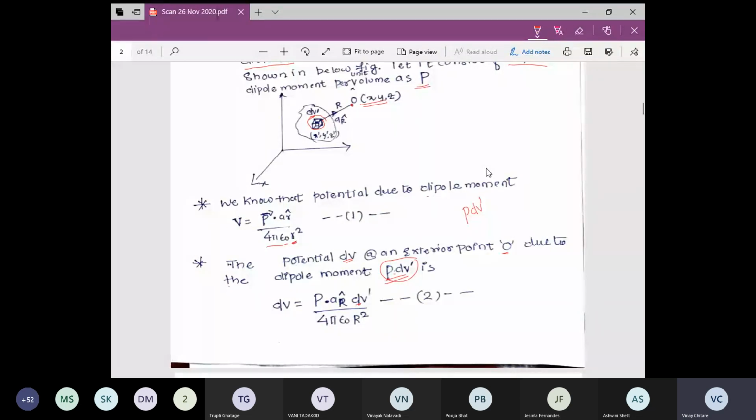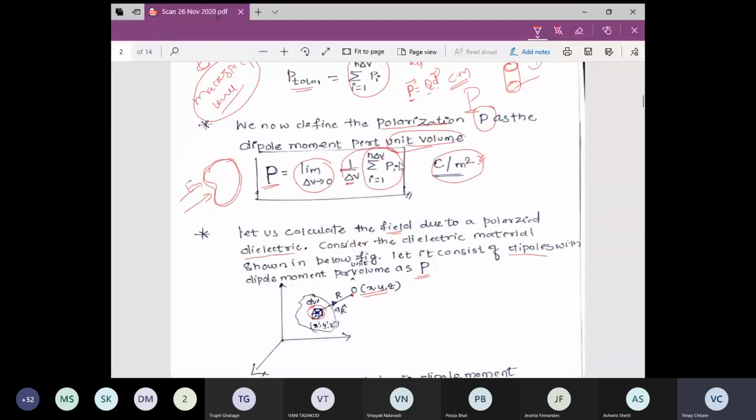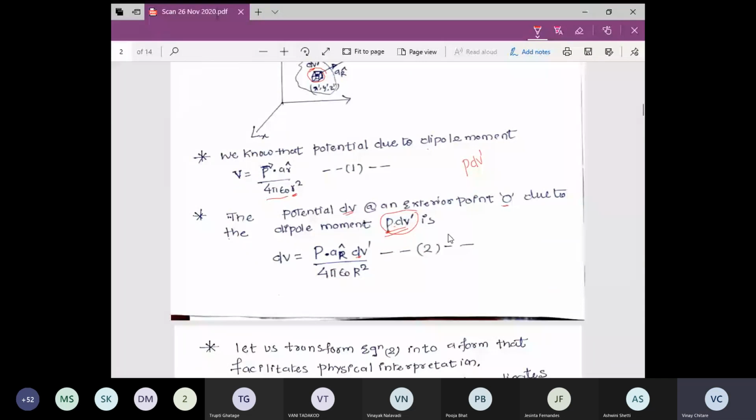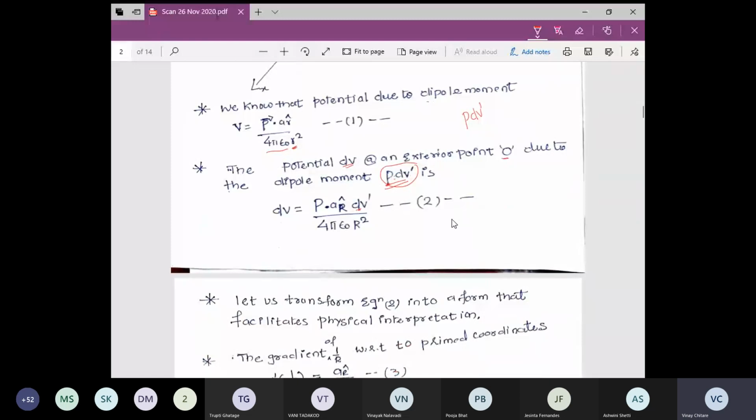As we said, P is the dipole moment per unit volume, and you multiply with the volume, so it is like a dipole. So we can write it as P dot a_R hat dV prime divided by 4 pi epsilon R square.